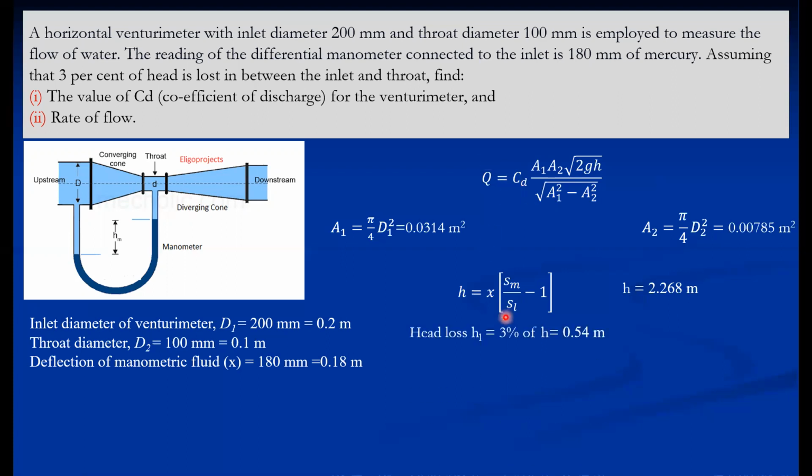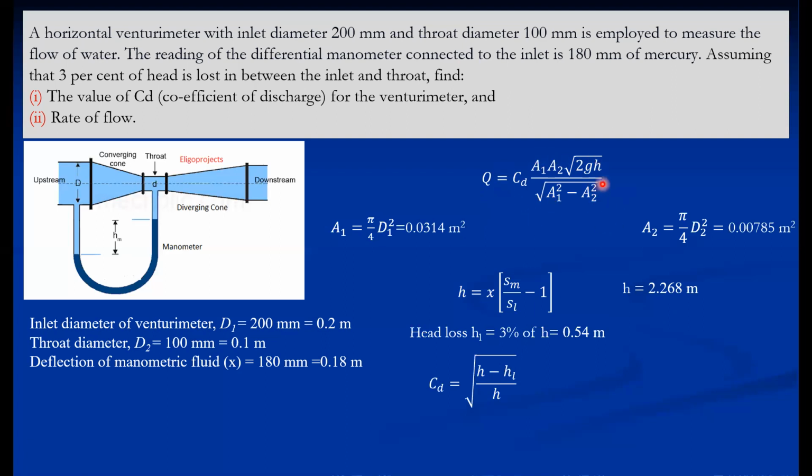So head loss is 3% of H, and head loss is given. As per the definition of CD, under root H is there. CD is the actual discharge upon theoretical discharge. Now actual discharge is Q proportional to under root H minus HL, because actual discharge is reduced by the losses. And theoretical discharge is Q proportional to under root H, because these all are the constants.